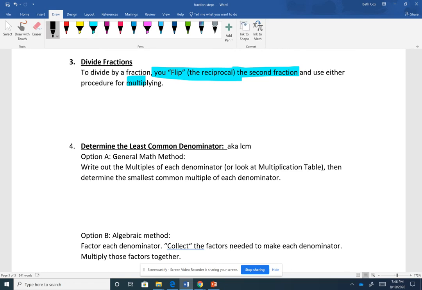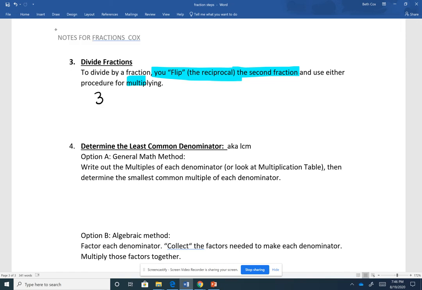Here we go. So to divide by a fraction, you flip the second one and use either procedure for multiplying. So if I do 3 divided by 1/2, that's going to be 3 times, flip the 1/2, 2 over 1. It's 3 over 1, and that's going to give me 6 over 1, which is just 6. Okay?